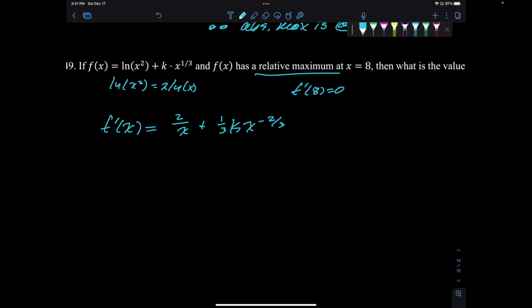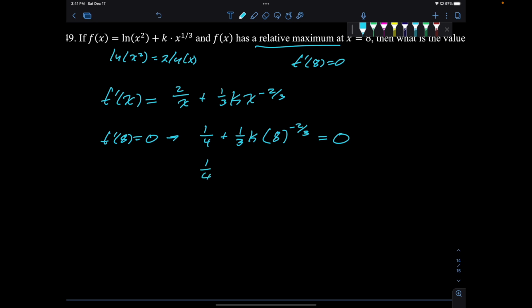Okay. So, oh no, what are we doing? We're doing f prime of 8 equals 0. So this is not as bad as it seems. f prime of 8 equals 0 means that 2 over 8, which is 1 over 4, plus 1/3 of k, 8 to the negative 2/3 is equal to 0.